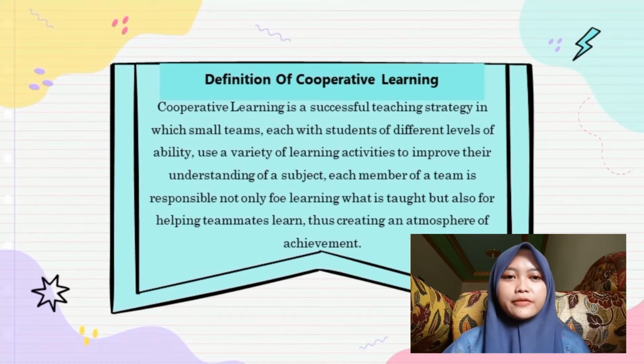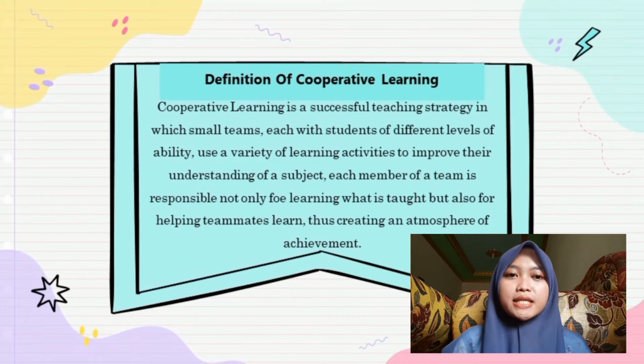Definition of cooperative learning. Cooperative learning is defined as small groups of learners working together as a team to solve a problem, complete a task, or accomplish a common goal. Cooperative learning is a successful teaching strategy in which small teams, each with students of different levels of ability, use a variety of learning activities to improve their understanding of a subject.